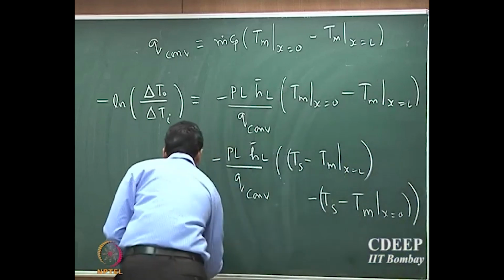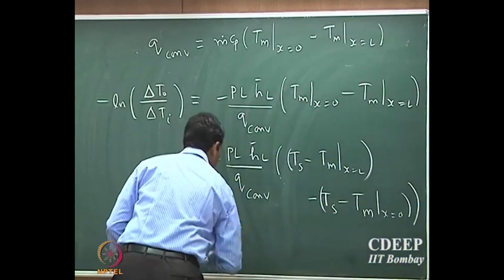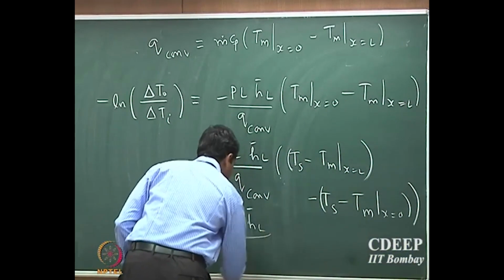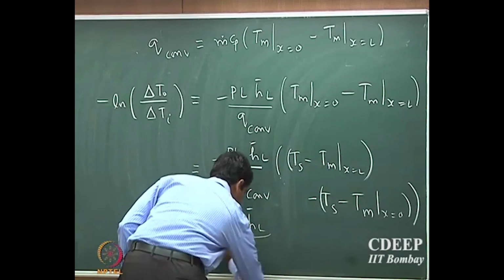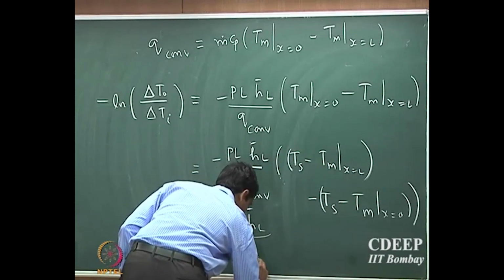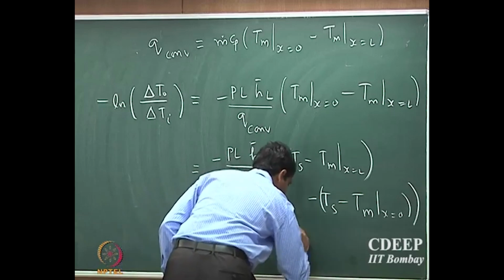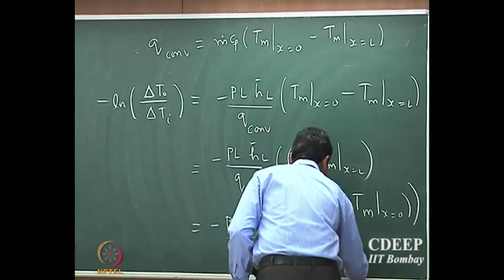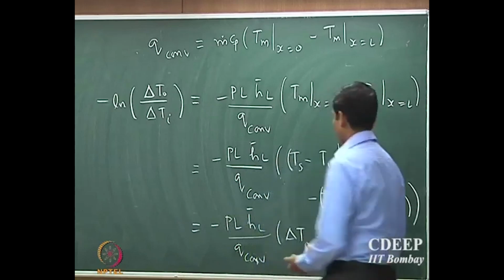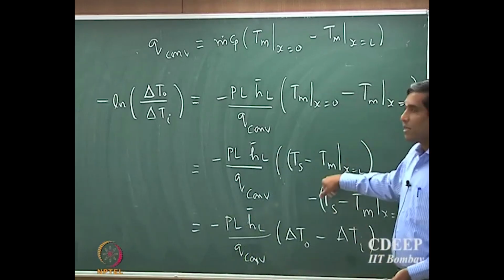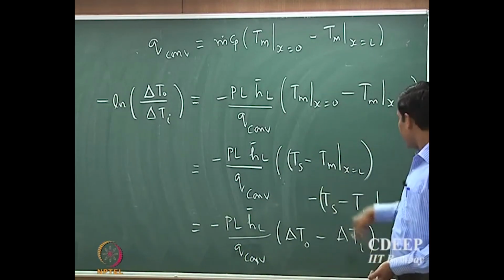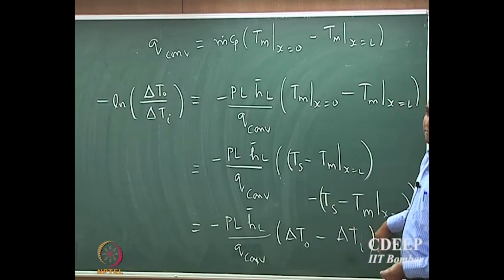So, this is minus P L H bar L by m dot Cp, Q convection into delta To minus delta Ti. So, this is the temperature difference at the outlet, this is the temperature difference at the inlet.